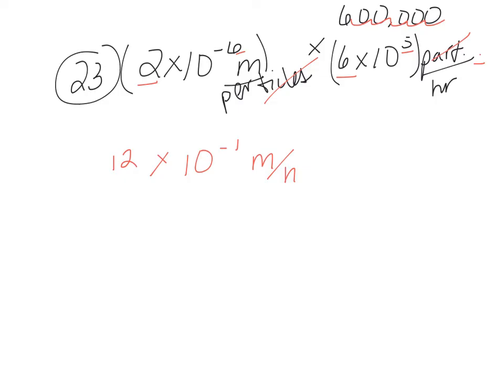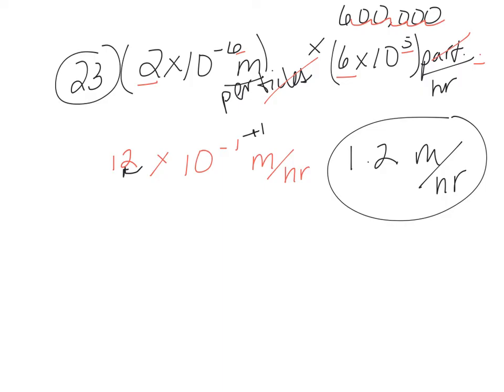And if I make it into proper scientific notation, I'm going to move the decimal one place to get 1.2. And then I'm going to add 1 to my exponent, which actually makes it 0. So my answer, the 10 to the 0 you can just drop, is 1.2 meters per hour.